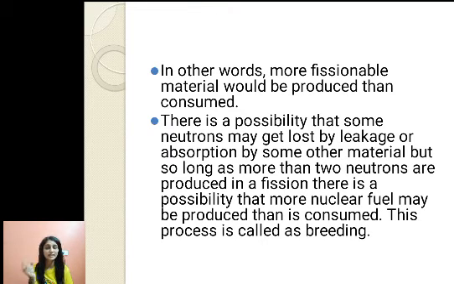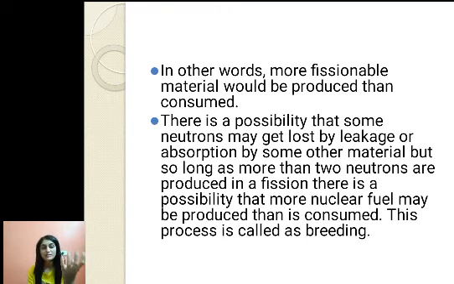We consumed only one uranium 235, but we got 3 neutrons, out of which one is used for continuing the chain reaction, and the other 2 are producing plutonium 239, which is fissionable material. So from one uranium 235 we get 2 plutonium 239.